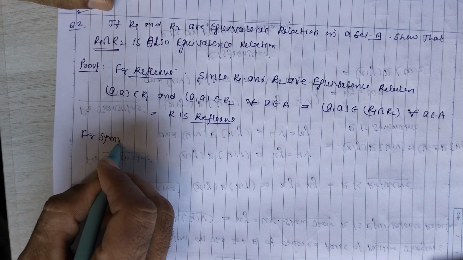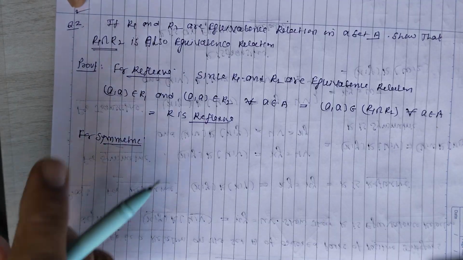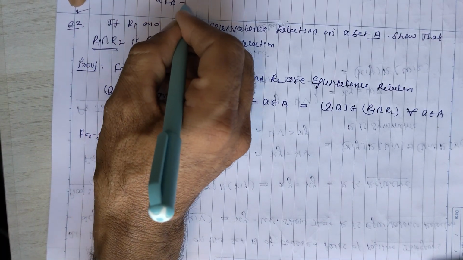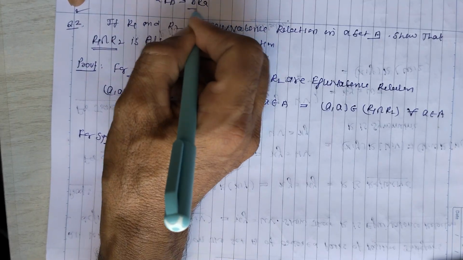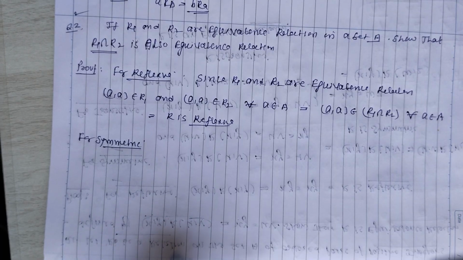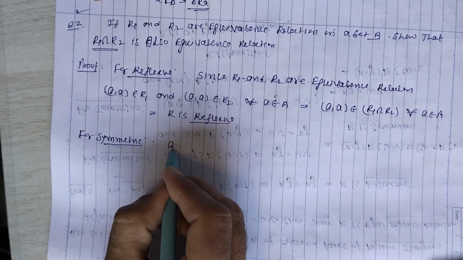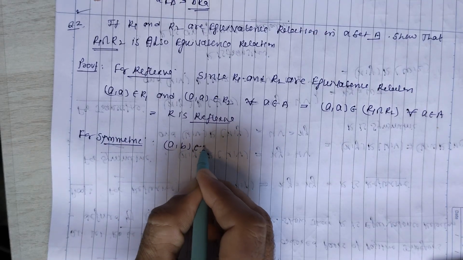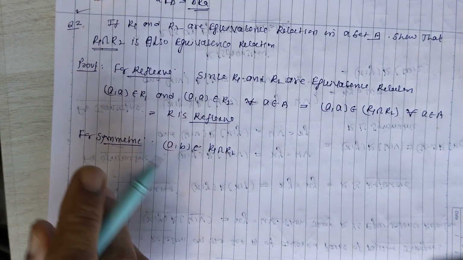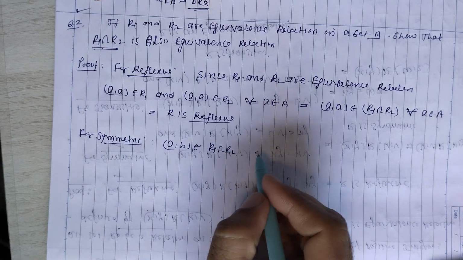For symmetric, we will start with the symmetric case. We have to prove if (a, b) related, which implies that (b, a) related. Correct? तो start करते हैं. (a, b) belongs to R1 intersection R2 because this is the main question. What is the meaning of this?